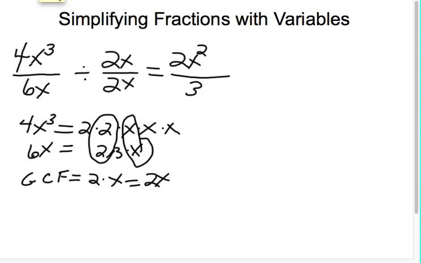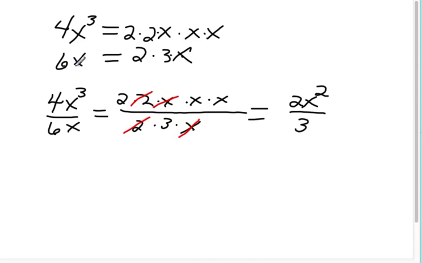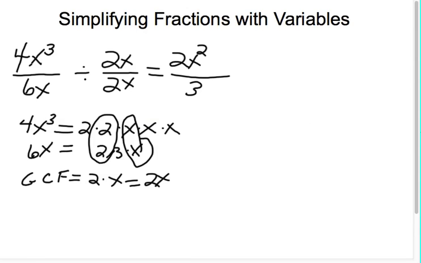Another way is to simply show your factoring in the fraction, because 4x cubed equals 2 times 2 times x times x times x, and 6x equals 2 times 3 times x, and I can simply cross these things out. Now that we are moving forward with our mathematics, I'm giving you a choice of how to show your work. Either way is equally acceptable. You may do it this way, or you may do it that way.